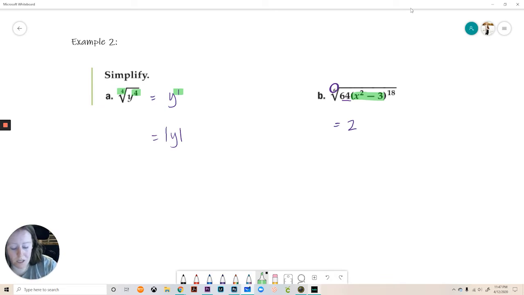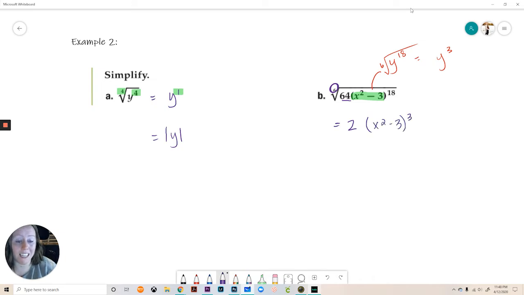So just like before, how I kind of substituted, this could be y to the 18th. And if I were to take the sixth root of that, that would give me just y to the third. So in this case, my y is x squared minus 3. So 2 times x squared minus 3 to the third.